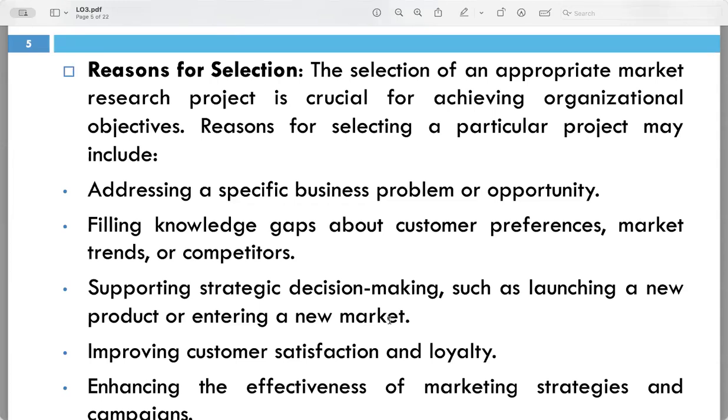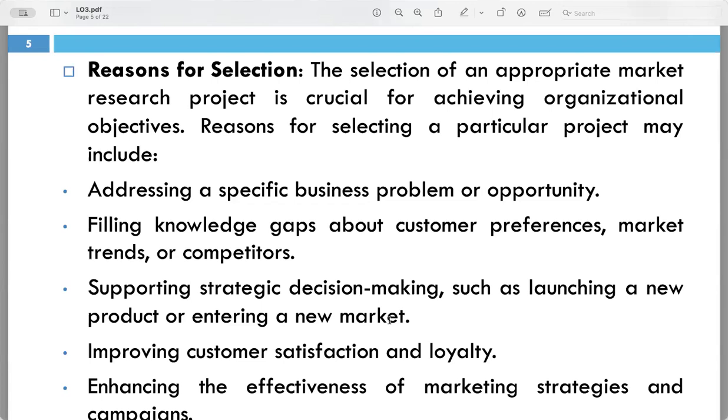By conducting research, companies can gather essential data on consumer behaviors, preferences, and attitudes, as well as track market trends and competitor activities. This information is important for staying competitive and responsive to market dynamics.